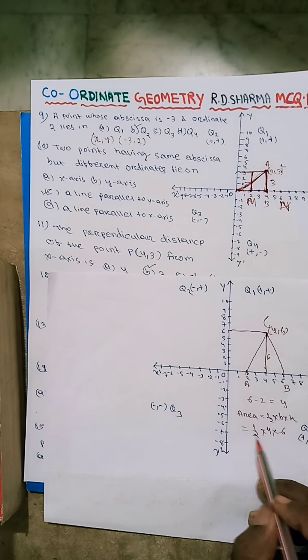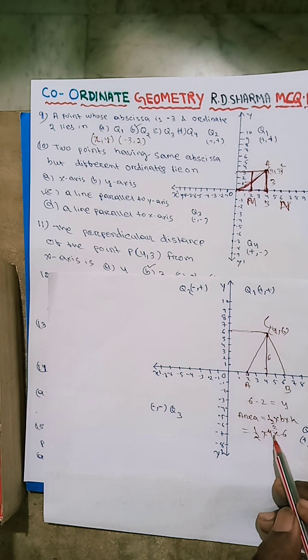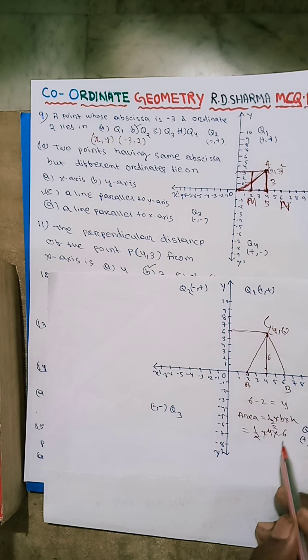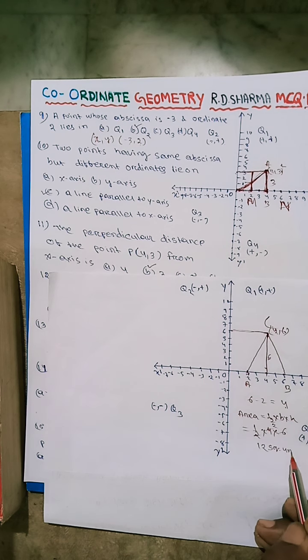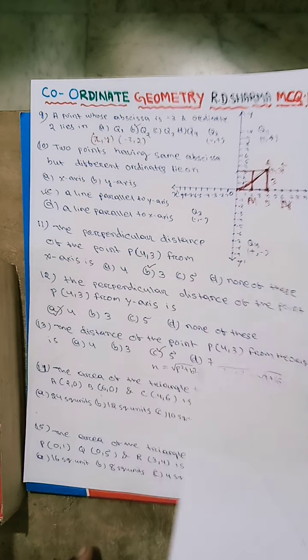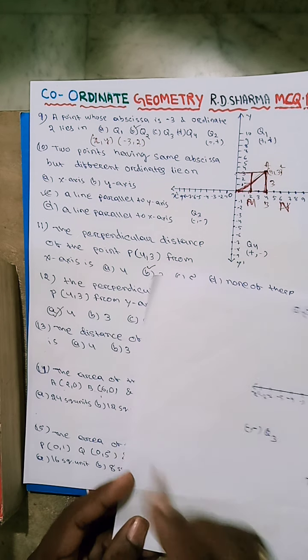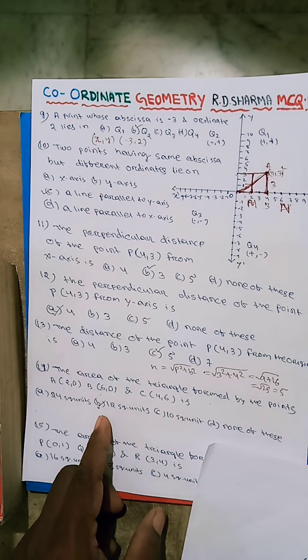Cancel 2 with 4, 2 into 6, 12 square unit. Finish. Next number 12 square unit. So option B is right.